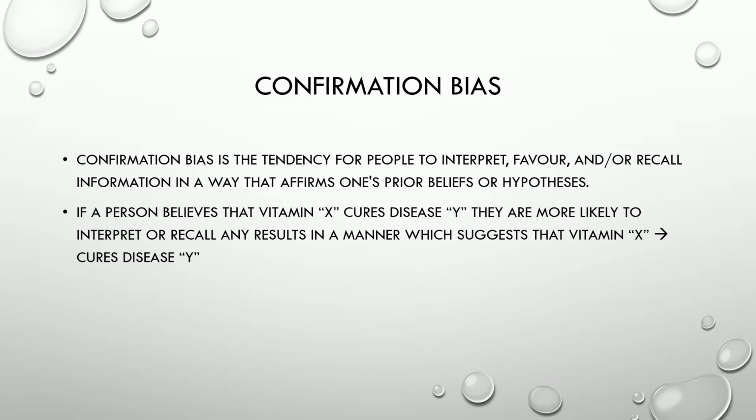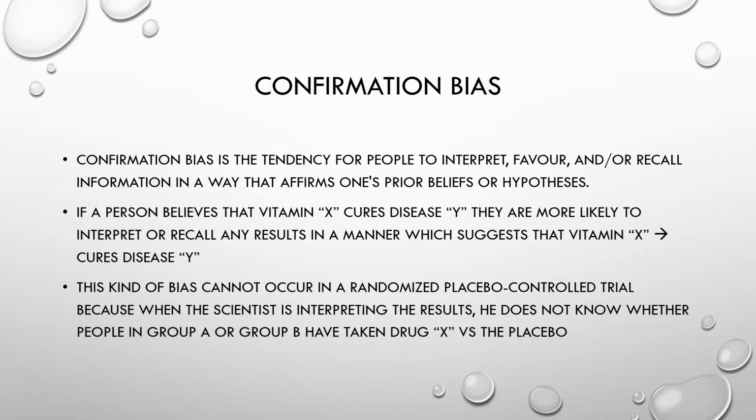If a person believes that vitamin X cures disease Y, they are more likely to interpret or recall any results in a manner which suggests that vitamin X cures disease Y. This kind of bias cannot occur in a randomized placebo-controlled trial because when the scientist is interpreting the results, he or she does not know whether people in group A or group B have taken drug X versus the placebo.